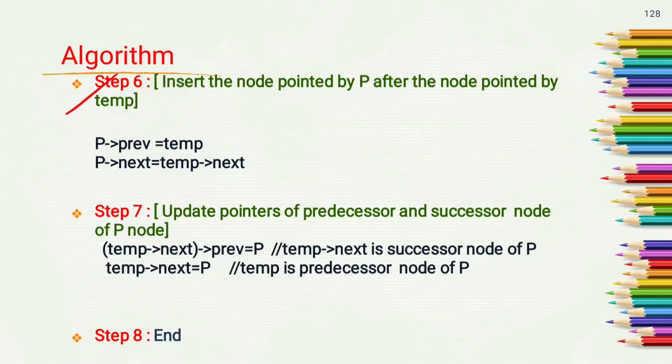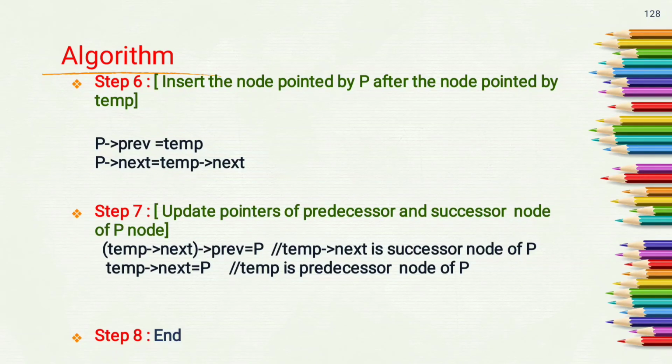Step 6, insert the node pointed by P after the node pointed by temp. That means we update the previous and next pointers of P. Previous pointer of P equals to temp and next pointer of P equals to temp next. Next we have to update the pointers of the predecessor and successor nodes of P. Here you write colon equals to.